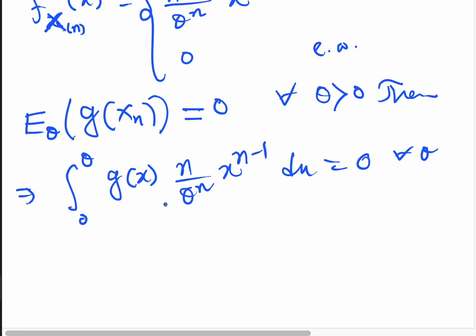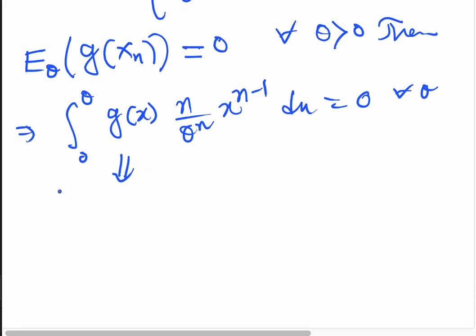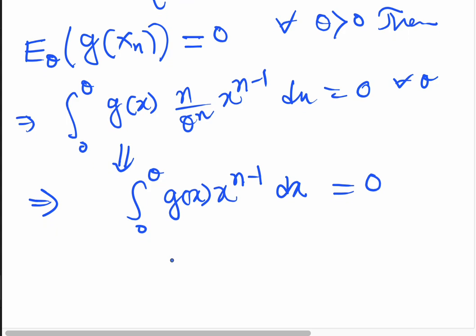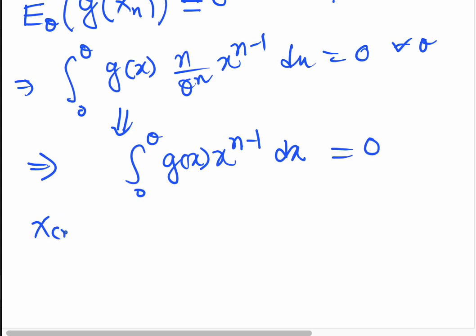Since theta is greater than 0, in every interval it tells us that the integral from 0 to theta of g(x) x to the power n minus 1 dx should be 0, which is only possible if g(x) is 0. So that means X(n) is complete.